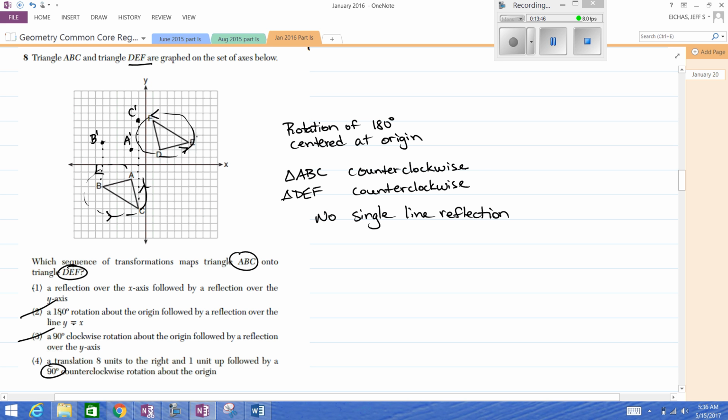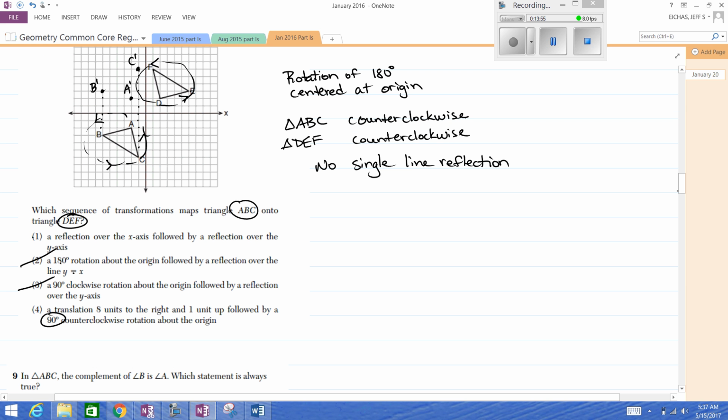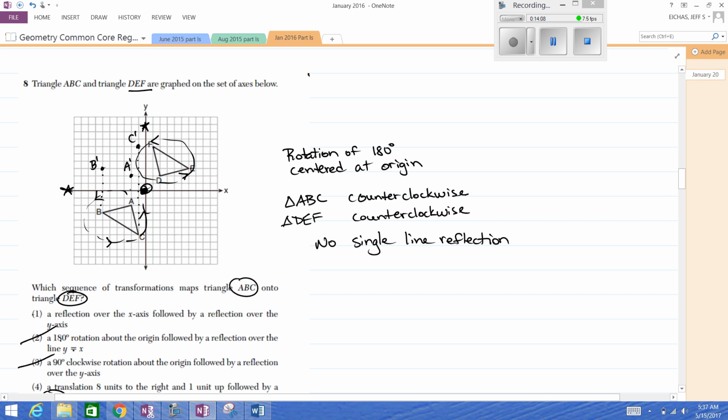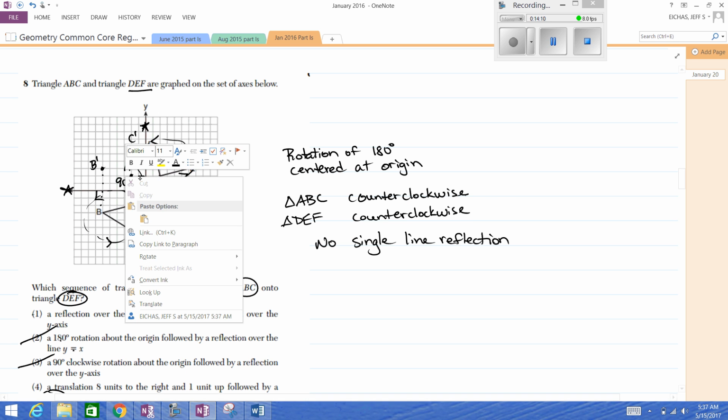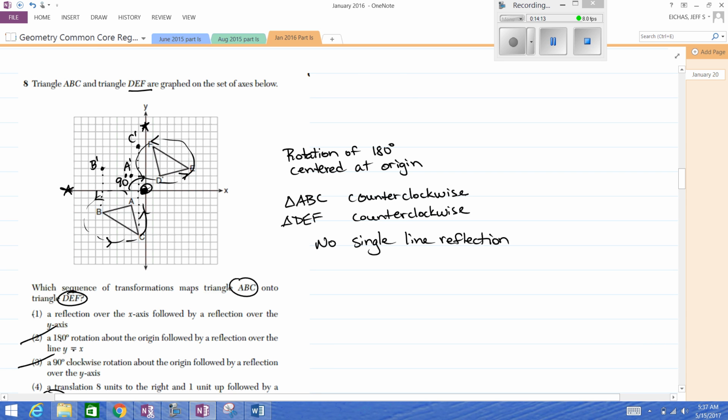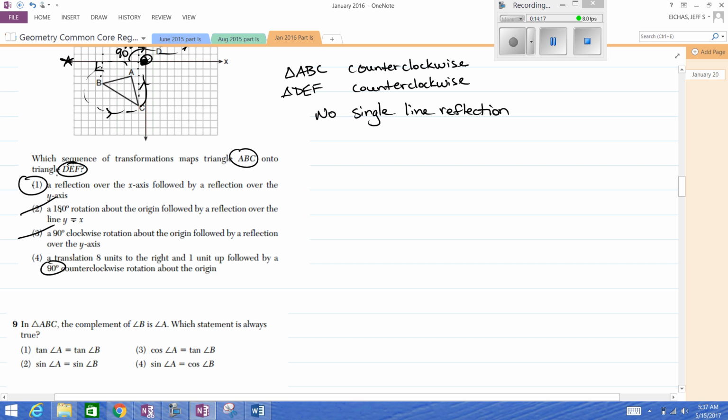We know that when you reflect over two lines, you get one of two things. You either get a translation, when the lines of reflection are parallel, or you get a rotation, when the lines of reflection intersect right there. The center of rotation is where the lines intersect, and the angle is double the angle between the two lines. So that's why that makes sense here. And we're going to go with choice one.